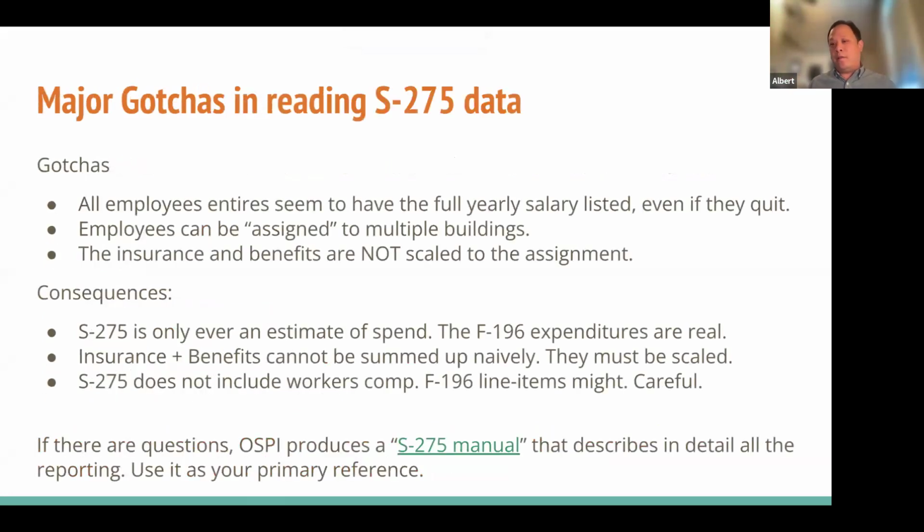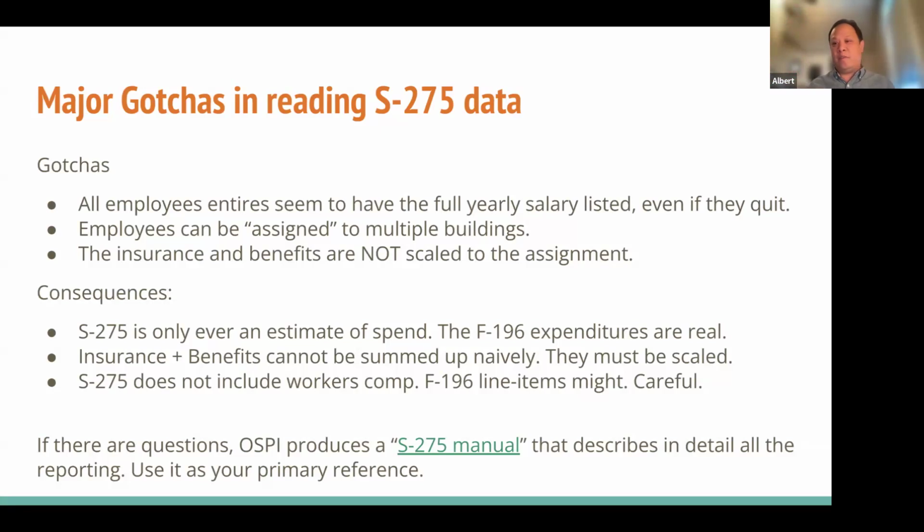Other gotchas in reading the S275 is that it seems to be more of a directory than actually an accounting system. So it's like, what's your salary and when were you hired this year? Well, if you worked for 6 months and you quit, you're probably still in the file, even if you have a replacement in place, because it's a list of everyone that's been in the system. An employee can be split across multiple buildings.